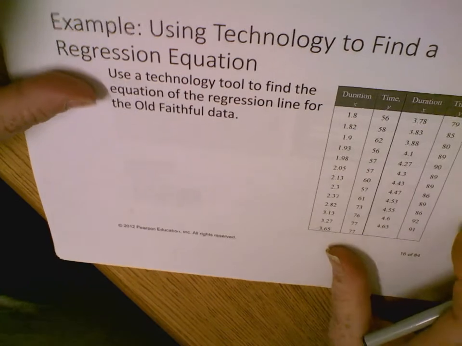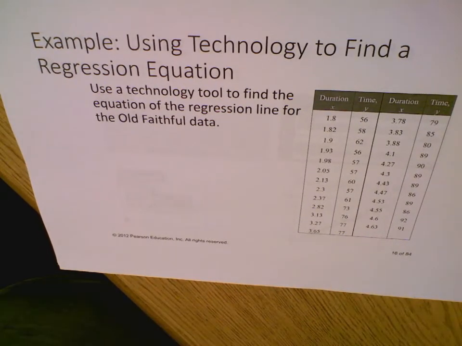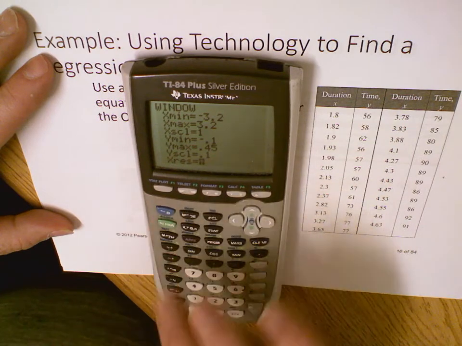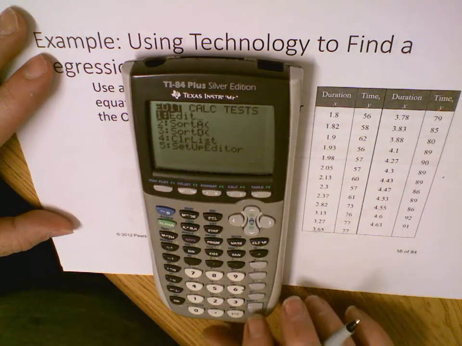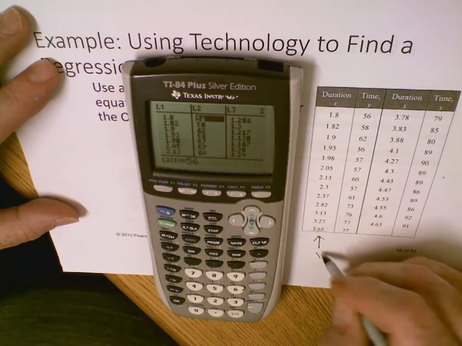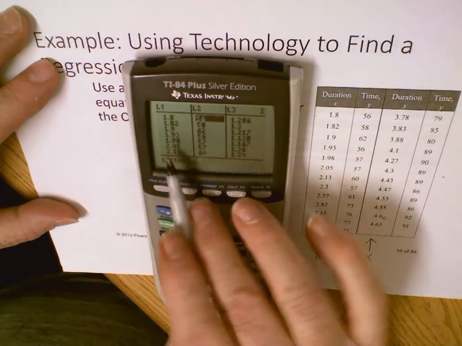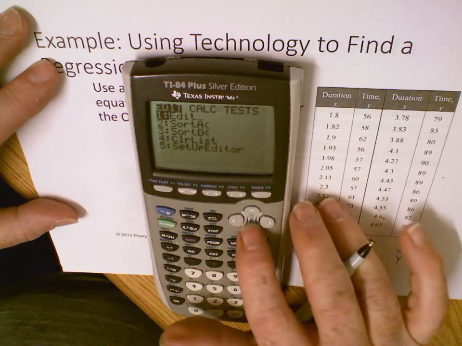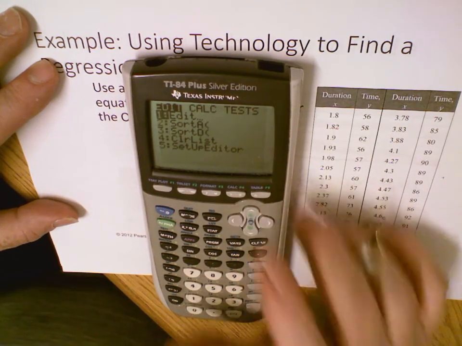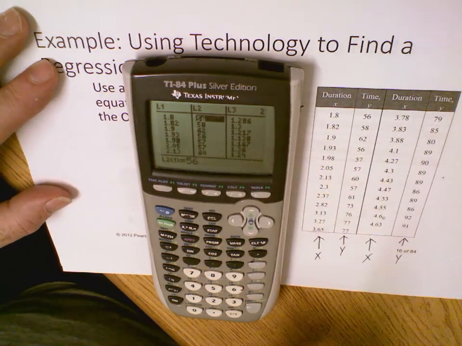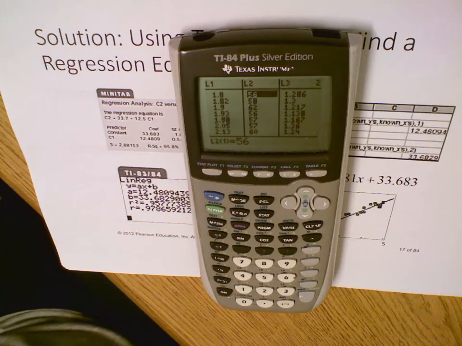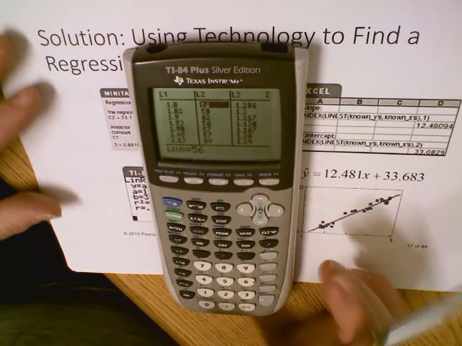We're going to do another one here real quick using our calculators. So using the technology, we have this set of data, and we need to figure out how to write an equation for that regression line, or that line of best fit.